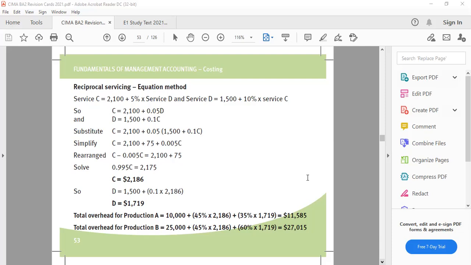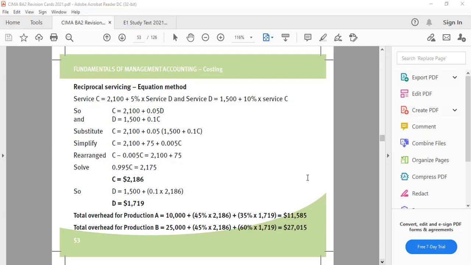What we can do is take any one unknown variable, substitute in the other equation. So if we are taking C is equal to 2100 plus 0.05 D, substitute in equation number 2. Substitute equation 1 in equation 2.